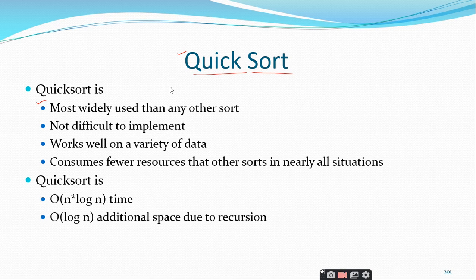Similarly, if you take the quicksort algorithm, it is the quickest algorithm by the name itself, but it works well for a large set of elements. When we have a smaller set of elements, you can go for the basic sorting algorithms like bubble sort, selection sort and insertion sort. But when the list of elements increases, then it is better to go for more complex sorting algorithms like quicksort or merge sort.